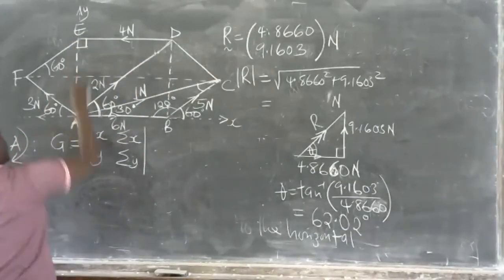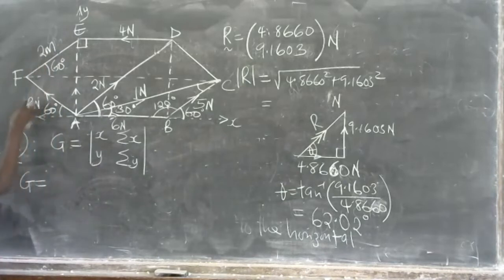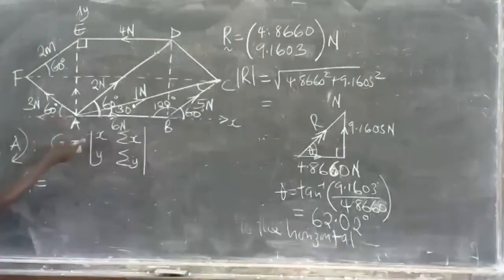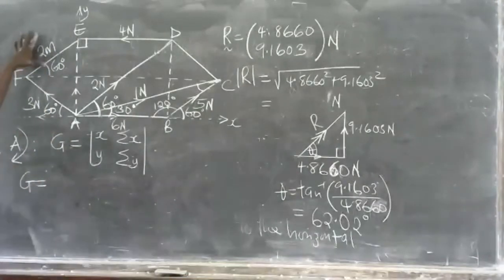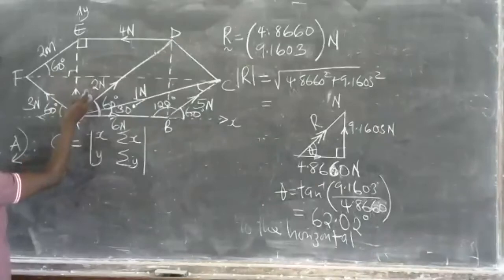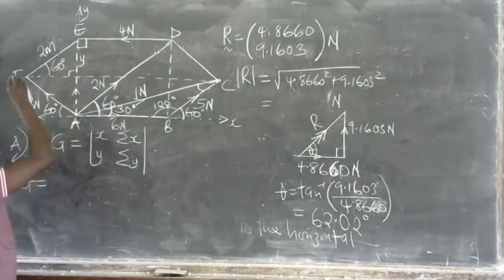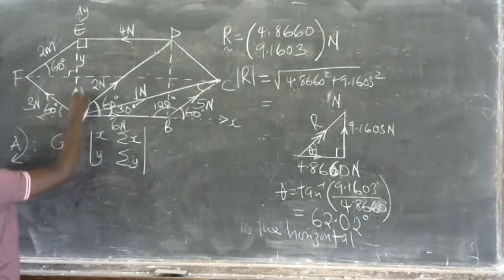So to get length AE, I'll use the length of this side, which is 2 meters, and this side, which is also 2 meters. This is 90 also. Length AE is made up of this distance y, which is the same as the distance y here.